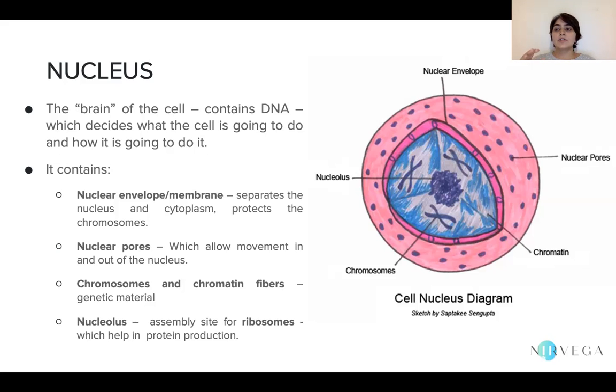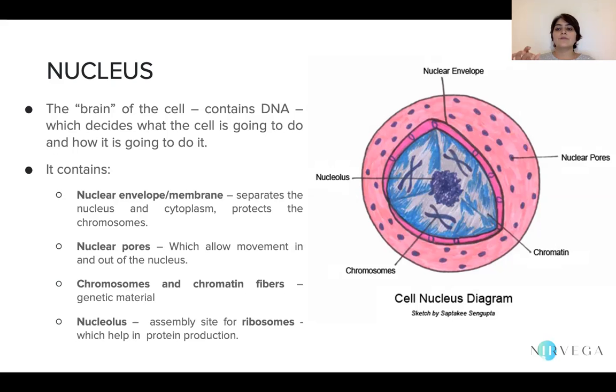So as we understood, the DNA and RNA are the genetic material, and the nucleolus is another important integral part of the nucleus. It forms the dense matter in the center of the nucleus, and this is the site where ribosomes are formed. It is the assembly site for ribosomes, which are important structures which help in protein synthesis or protein production.